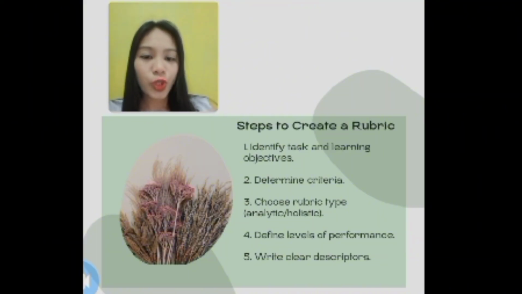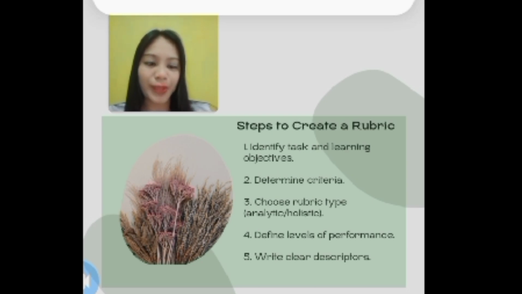Number 3, choose rubric type. Analytic, break down performance into multiple criteria, each scored separately. Holistic, assess overall performance with a single score. Number 4, define levels of performance. Establish a rating scale: excellent, good, fair, and poor.